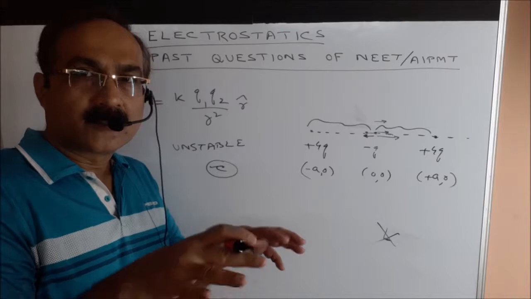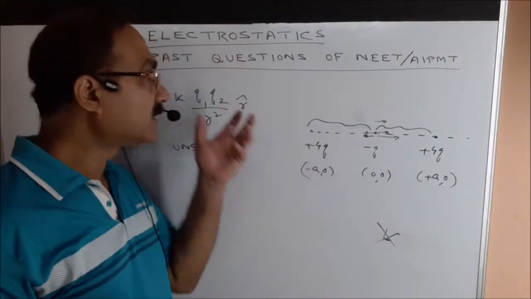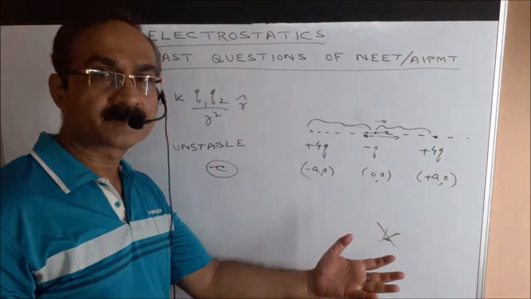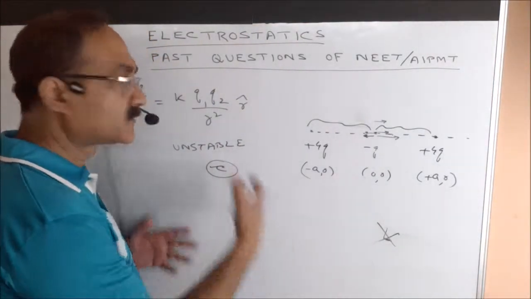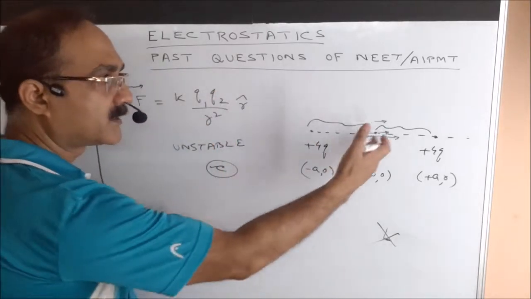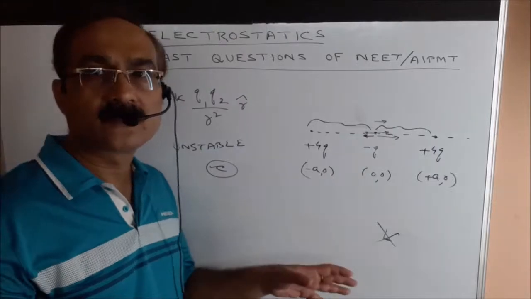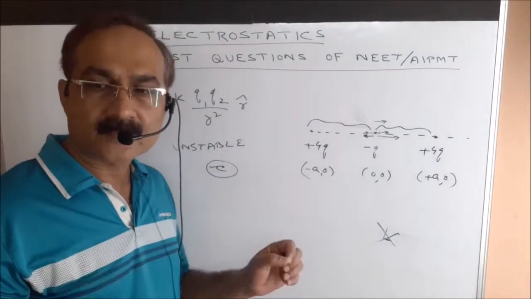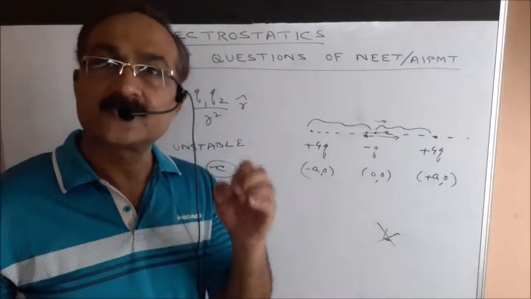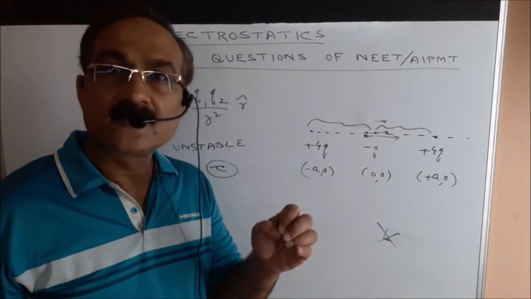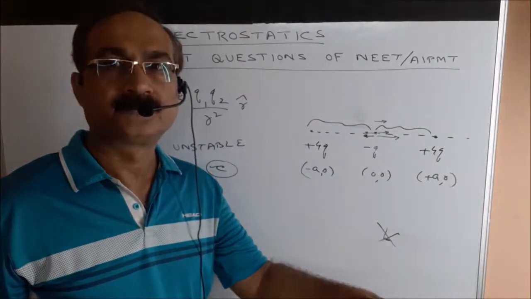See, we just solved it logically without doing any actual calculations. I have seen people using formulas here. They will make it x minus delta x, x plus delta x, things like that. No need of doing that. Because in the options they are not asking us numerical values. They are just asking us whether the equilibrium is stable or unstable or they are not in equilibrium.